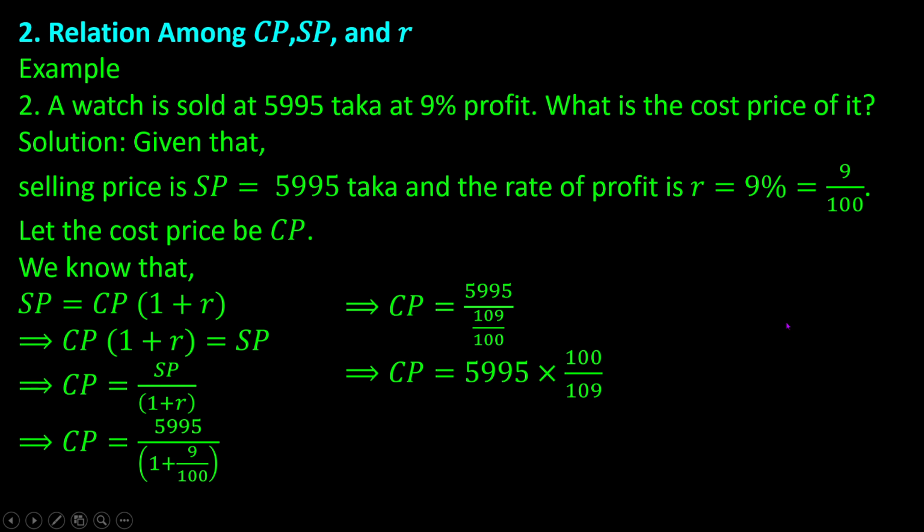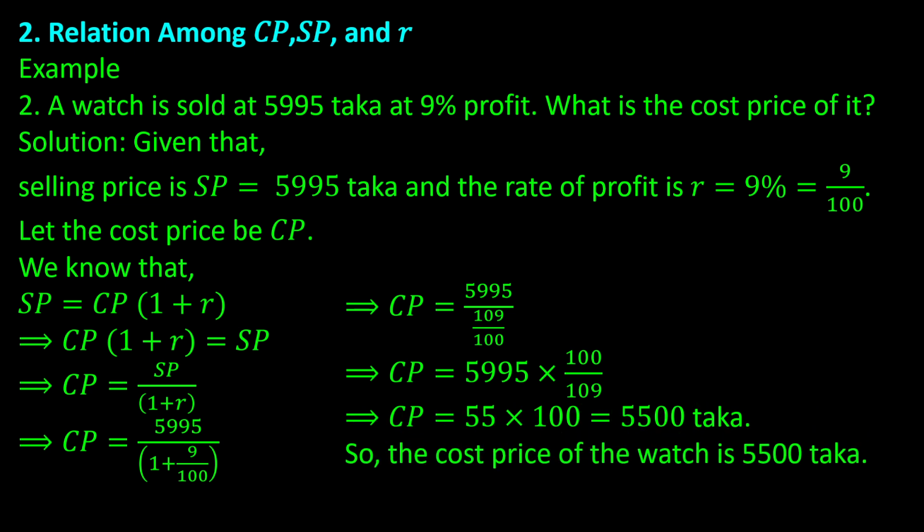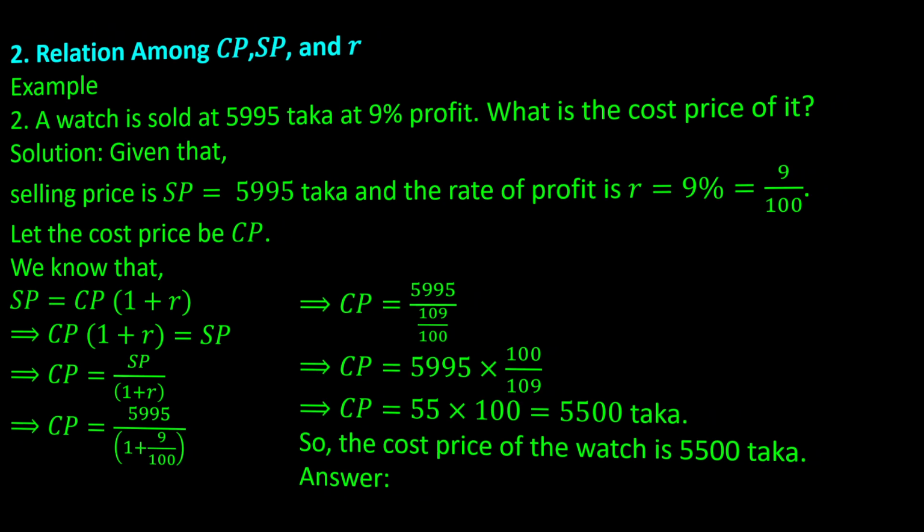That means the numerator becomes the denominator and the denominator becomes the numerator. Here the denominator is 100, so it becomes the numerator, and the numerator 109 becomes the denominator. So we get CP equals 5995 into 100 divided by 109, and then doing the calculation we get CP equals 5500. So the cost price of the watch is 5500 taka.